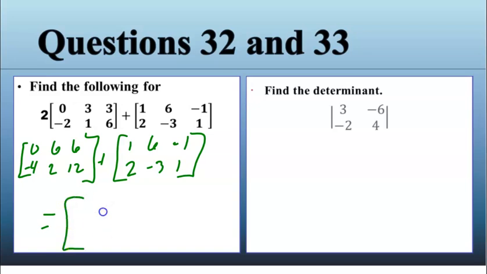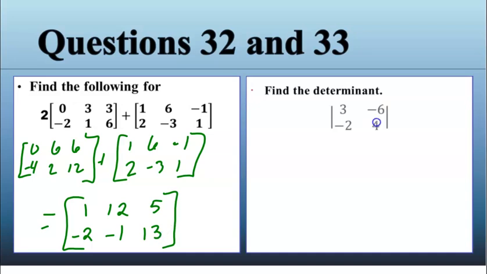So we get an answer of 0 plus 1 is 1, 6 plus 6 is 12, 6 plus a -1 is 5, -4 plus 2 is -2, 2 plus -3 is -1, and 12 plus 1 is 13.